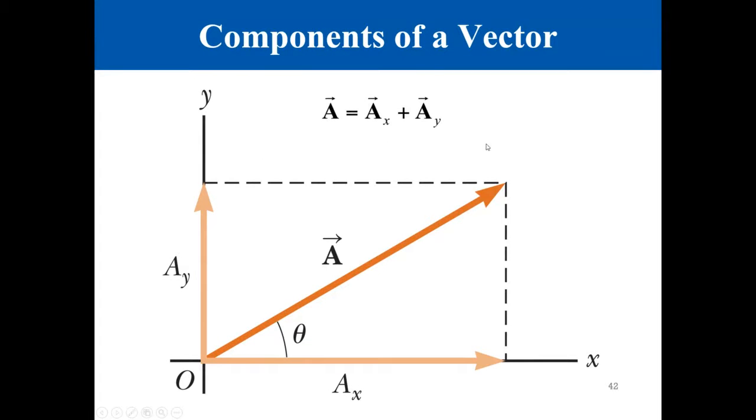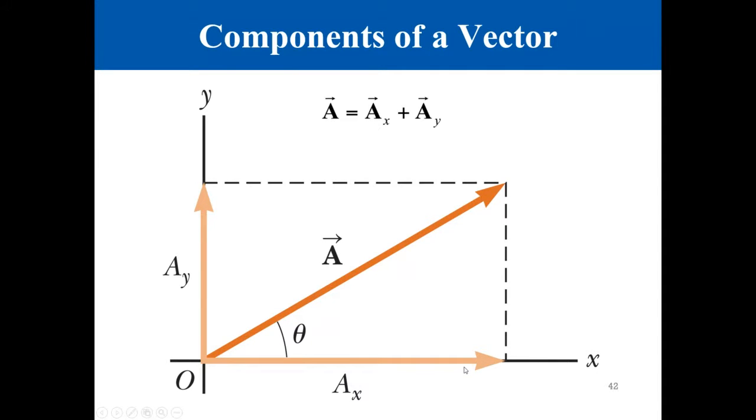We move on to another method that we use when we add vectors, which is to use the analytic method. This is called the analytic method for vector addition. So each vector, like this vector A, can be decomposed into two components, X and Y. This is the X component.